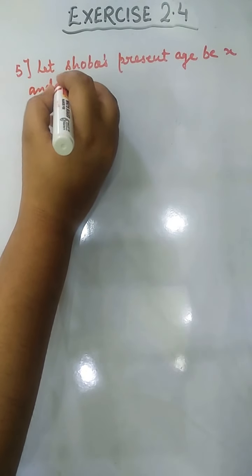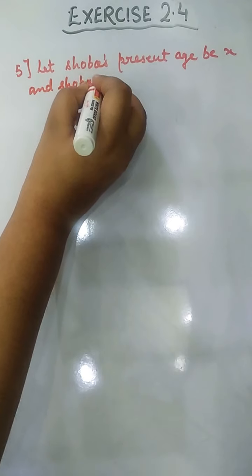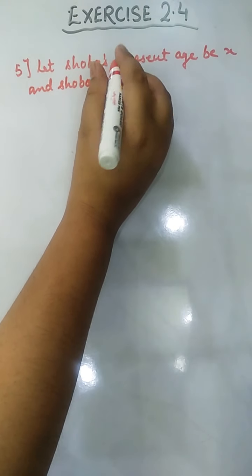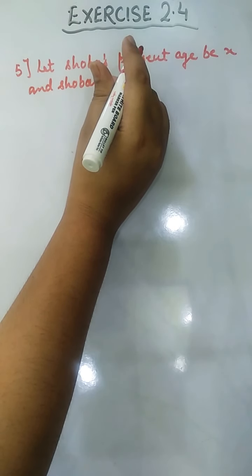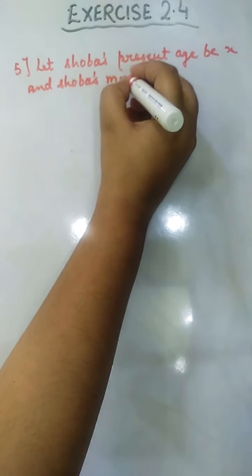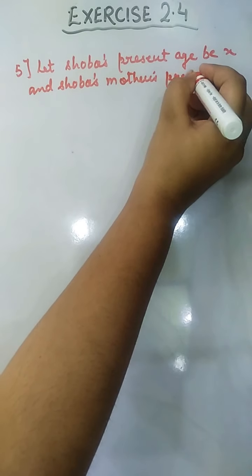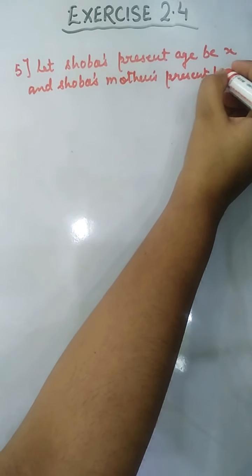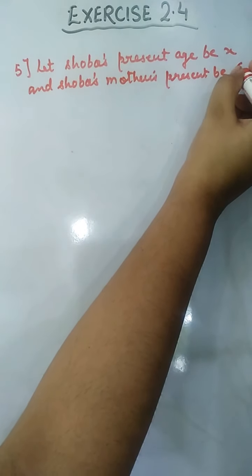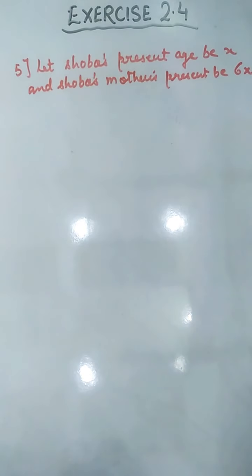And Shobo's mother's present age will be 6x, because we have taken Shobo's age to be x, so mother's age will become 6x. Now they are saying that 5 years from now Shobo's age will be 1/3 of his mother's age.